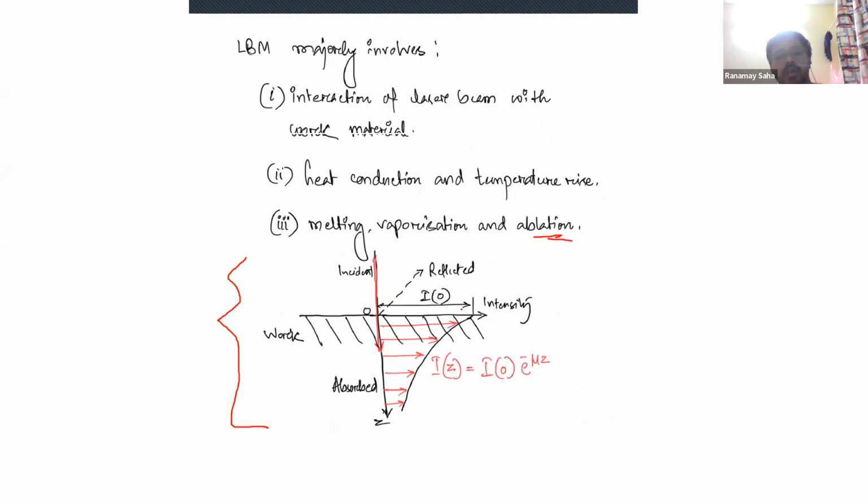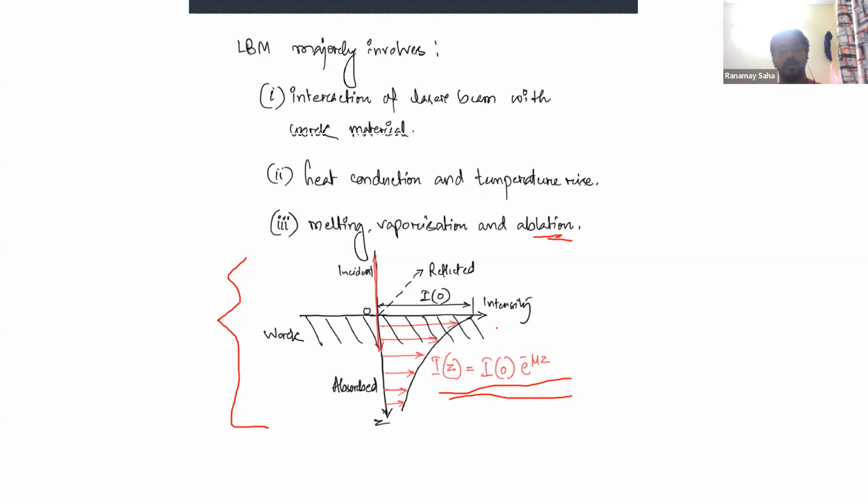With increasing depth Z inside the work material, the intensity varies as the initial intensity multiplied by exponential of minus mu Z, where mu is a constant.